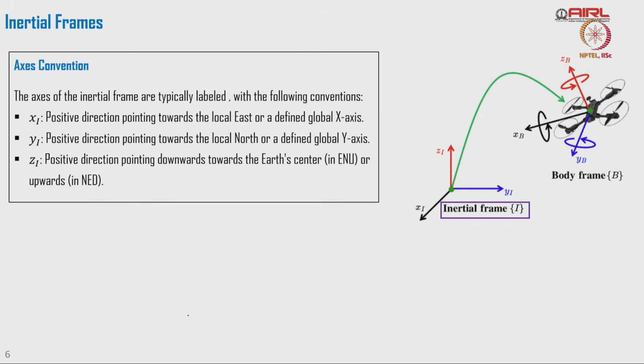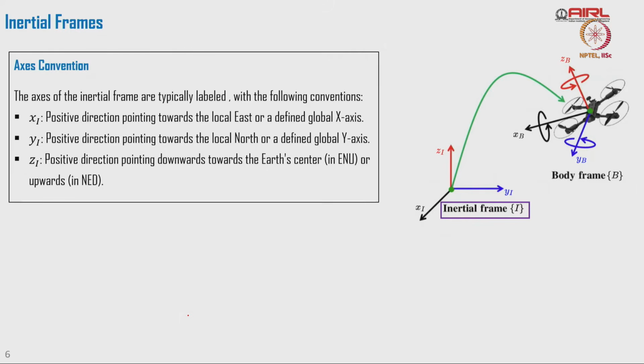Now we look at the axis conventions. What are the axes we are talking about? X inertial, y inertial, z inertial. X inertial is the direction pointing towards local east, defined as the global x axis.